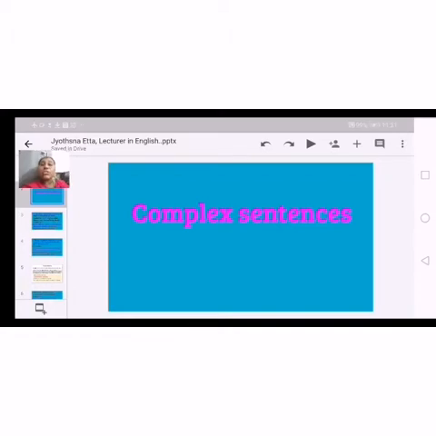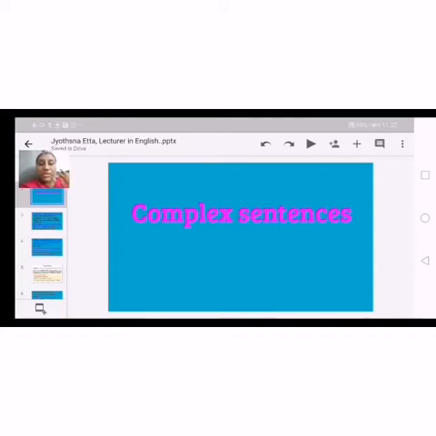It has its own meaning, so it is called an independent statement or a main clause. Whereas the subordinate clause always depends upon the main clause, the main sentence. That's why it is called the dependent sentence: it depends upon the independent one.